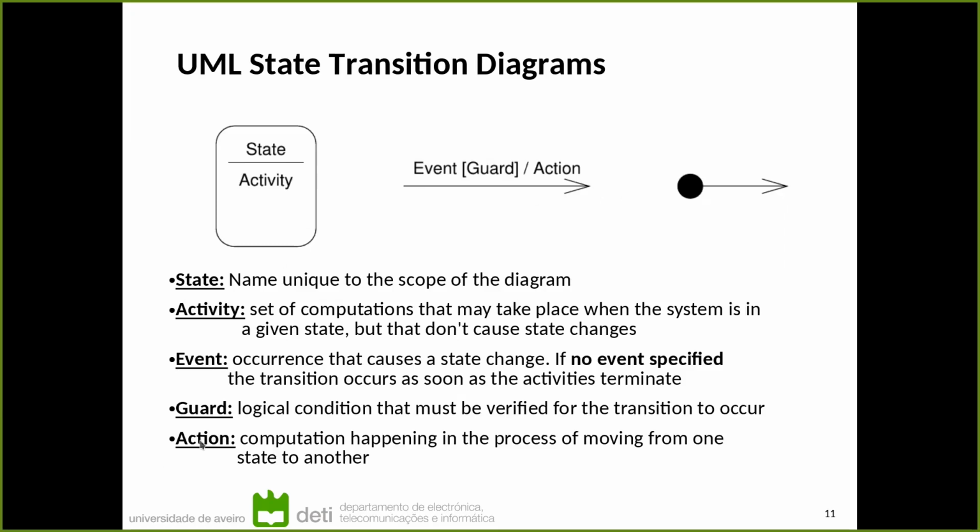And then I have an action, which is something that happens during the transition. So you can see this is a more complex and richer representation than the simple state and transition diagrams that we have seen before, and it can represent more complex systems.